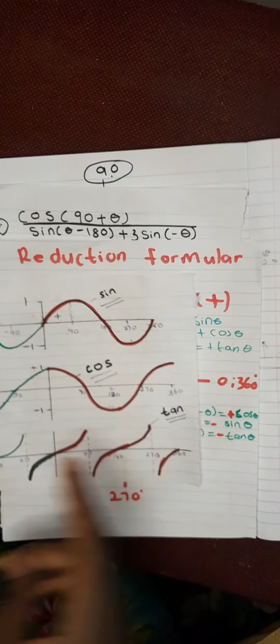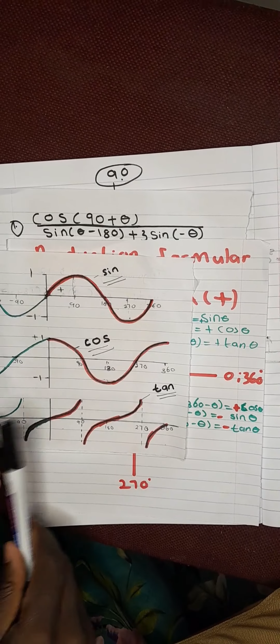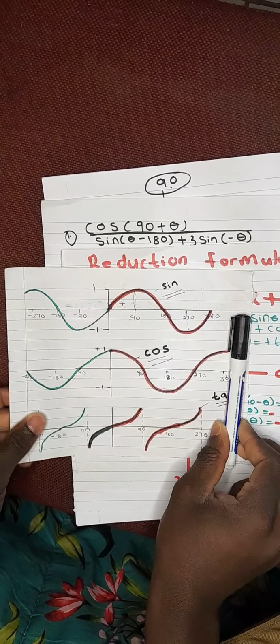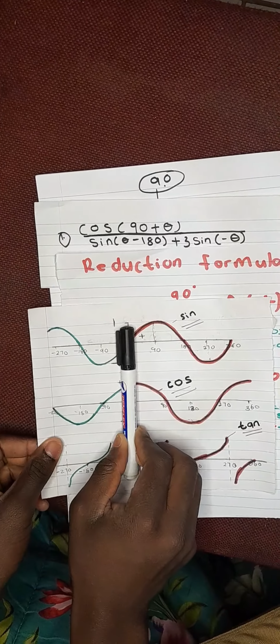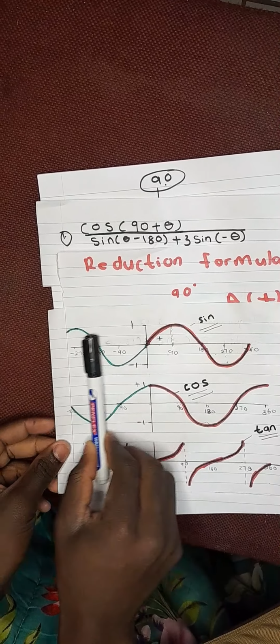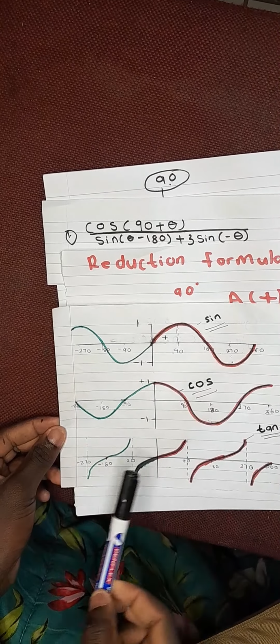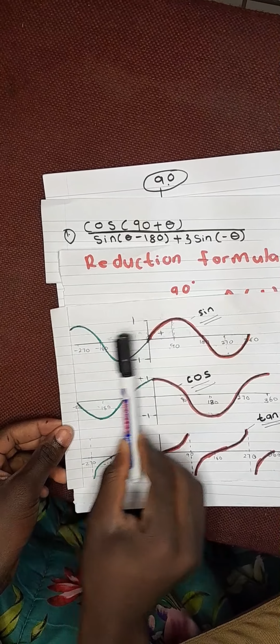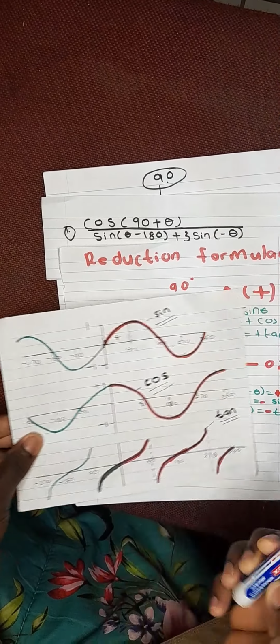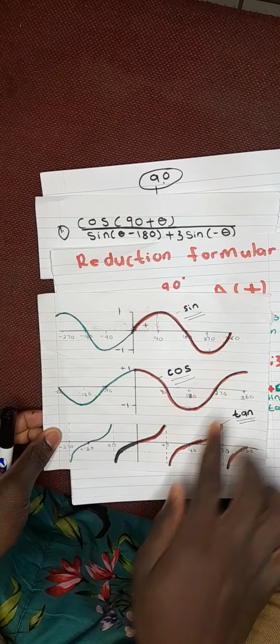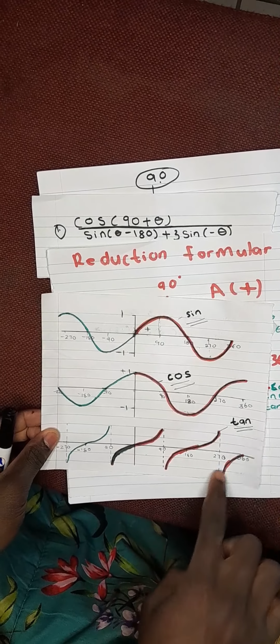As you can see, my reduction formula only talks about 0 to 360, only this part in red. But in this question we are not going there. We are here, and on this green side we do not have our CAST diagram, meaning we need to do something so that it falls under this red part.